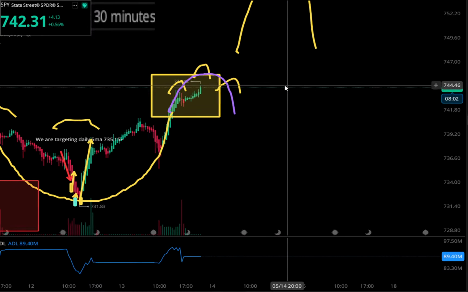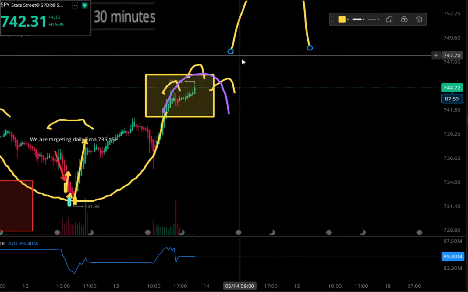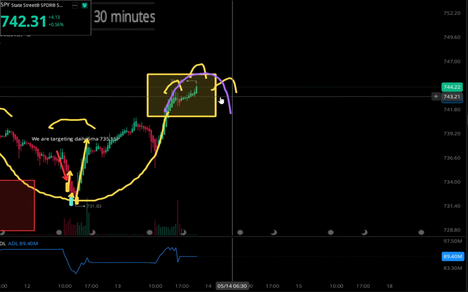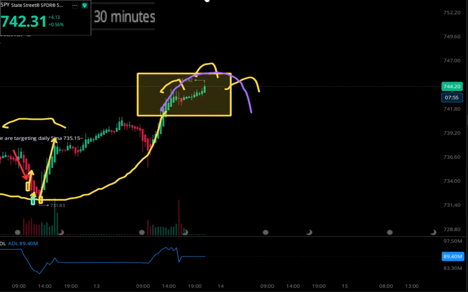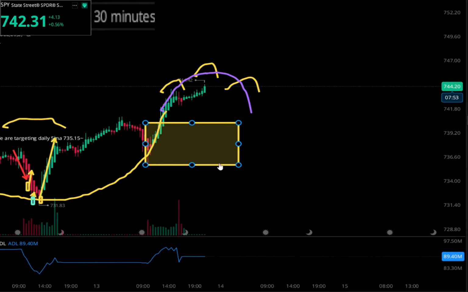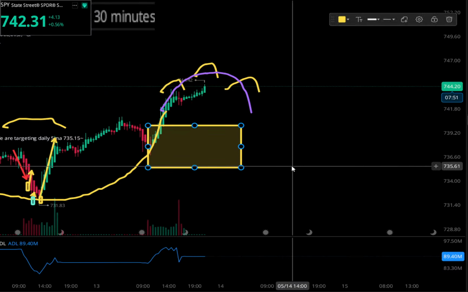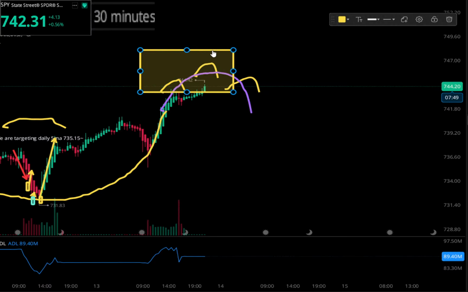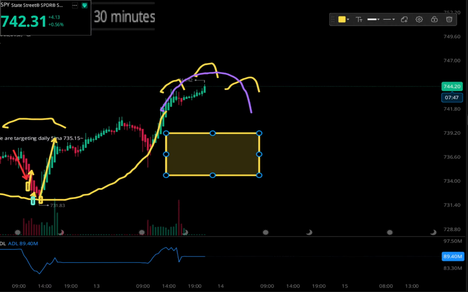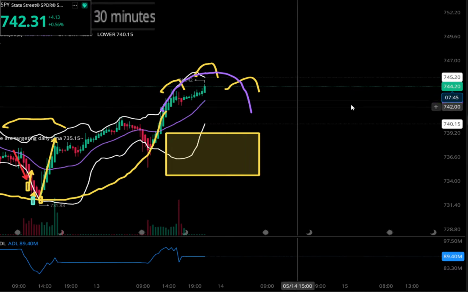which if that completes, will create that smaller inverse cup to the downside. Okay, now from that downside cup, wherever the bottom of that cup is, whether it's all the way at this range at the 735, if it comes down to see where the 5 minute lower Bollinger is.